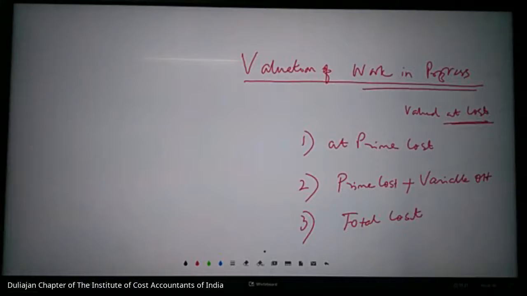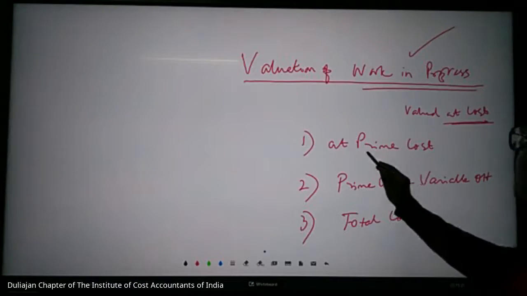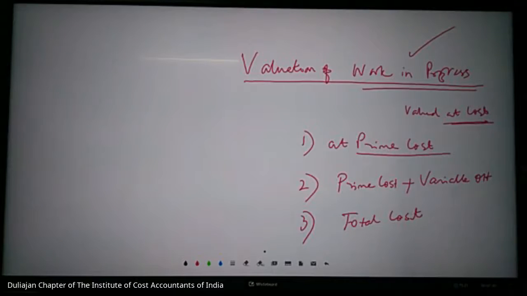There are three methods of displaying the valuation of work in progress by different companies. Either they can show them at prime cost, because if they say that prime cost is important, they make a policy: we are valuing our work in progress at prime cost. So here direct material plus direct labor plus direct expenses, we are showing the work in progress at that only.